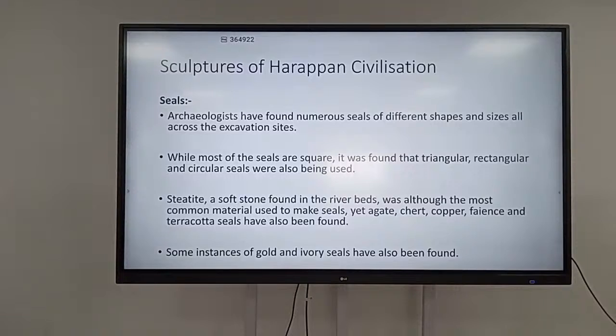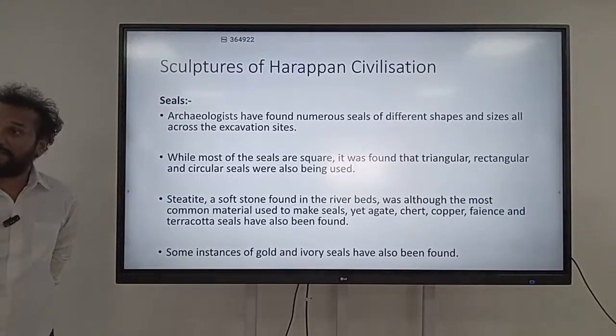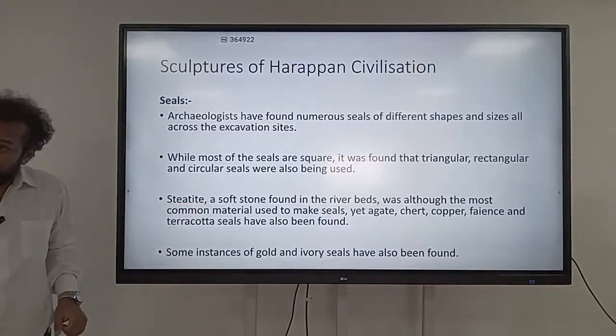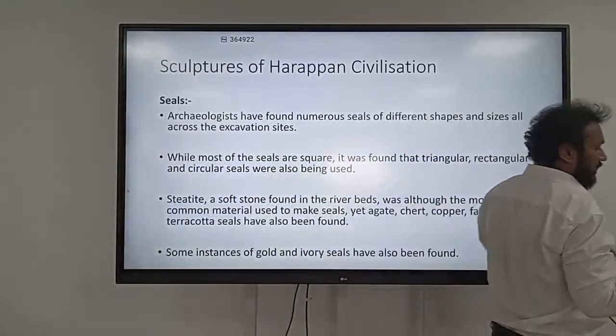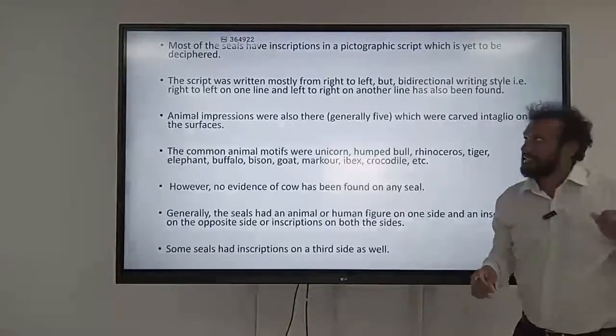Iron was not known to IBC people. Anything made of iron is not found in IBC. That means iron was unknown to IBC people. So the majority of the seals were made of steatite, and other metals were also used, except iron.